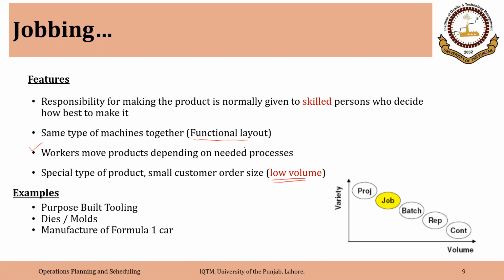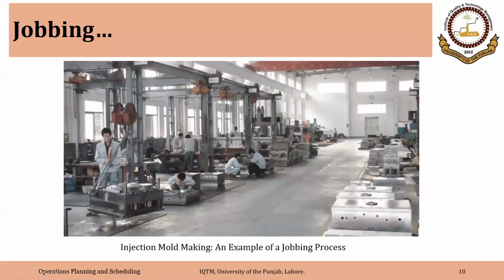Examples that we have already seen are purpose-built tooling, dies and molds, and for example, the manufacturing of some special purpose car or a car that is not made in bulk, just like a Formula One car. So each die or mold is different from the other, but the process to make a die or mold is very similar. There is generally some machining involved. You may need a milling machine, for example. There is some grinding that is required.